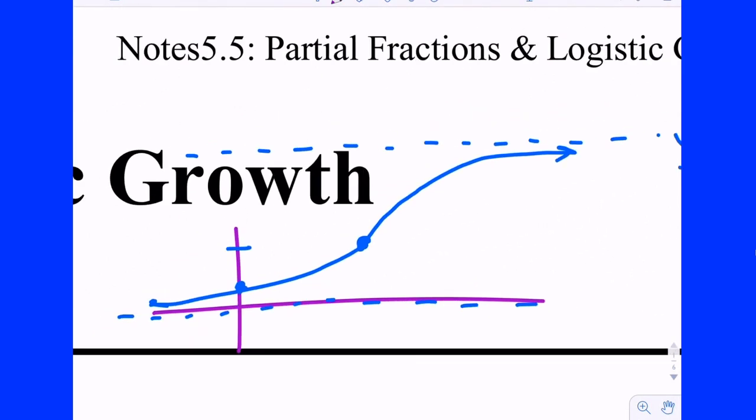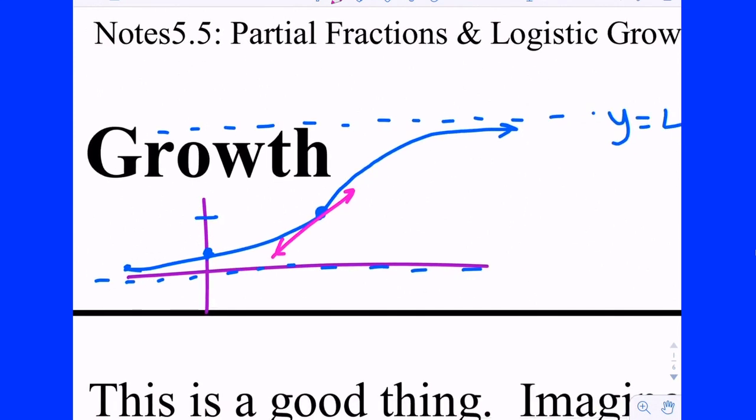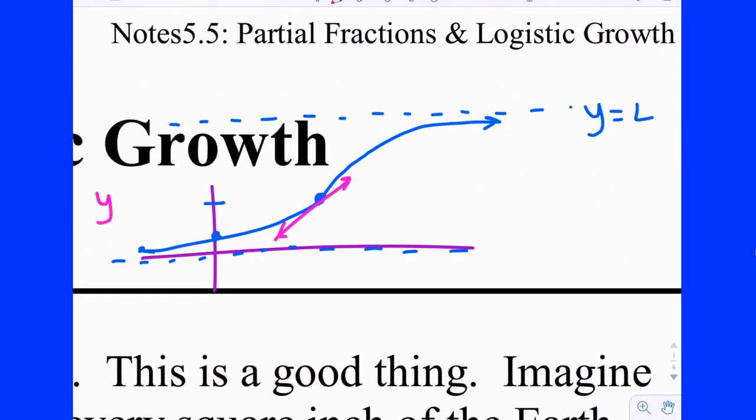But what that means is that's where the derivative is at an absolute maximum. That's where the slope of the tangent line is the steepest. So that would be where the thing that's growing logistically is growing at the fastest rate. And do y'all remember the y value at which that occurred? It's always half of the limit to growth, right?